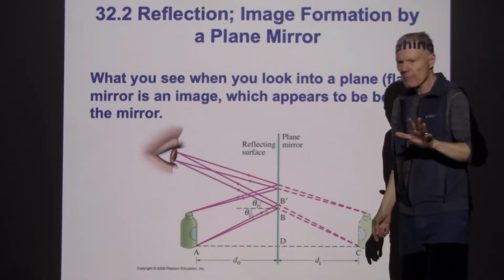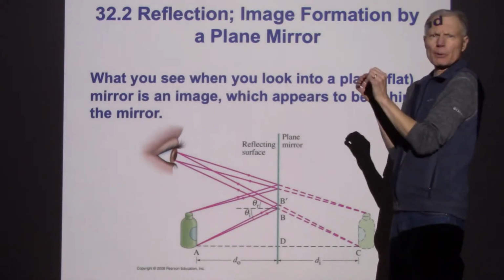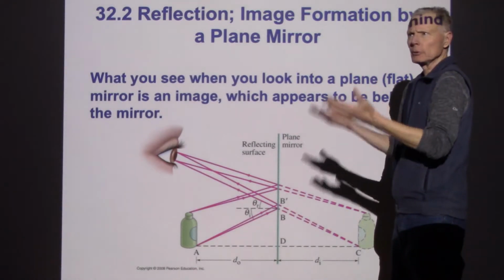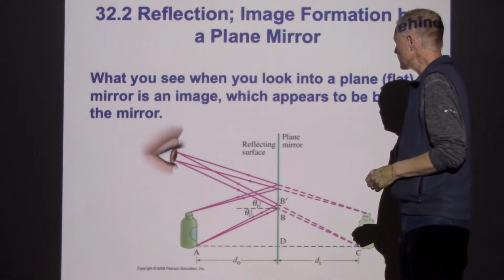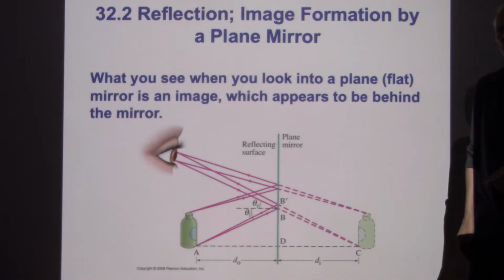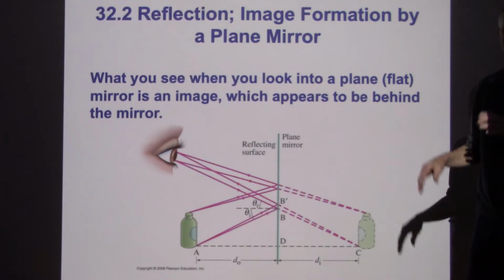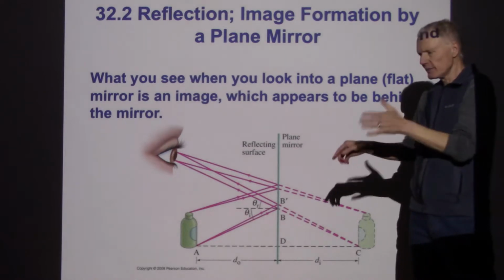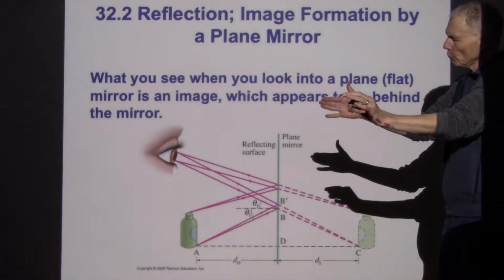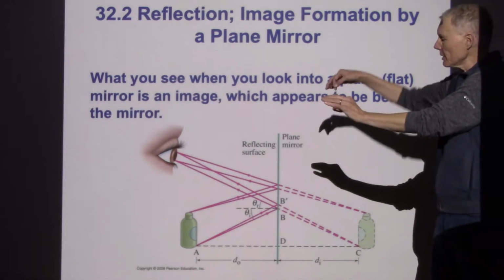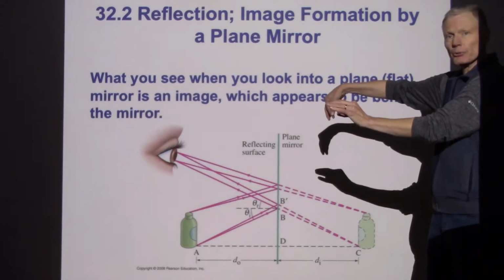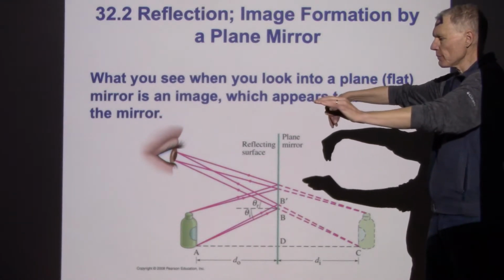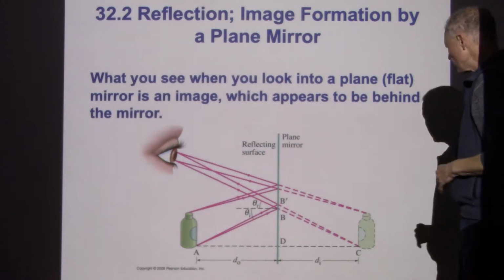So if you stand in front of a mirror, you can say your homework after today's class is to spend some time looking at mirrors and playing around with this. When you hold objects next to mirrors, if you bring the object closer to the mirror, the image from the other side approaches the mirror from the other direction. And that's what we're seeing here.